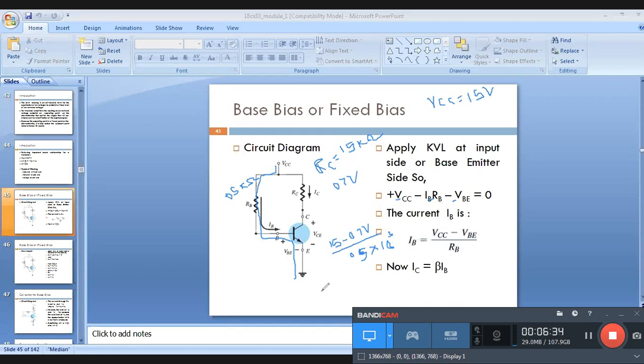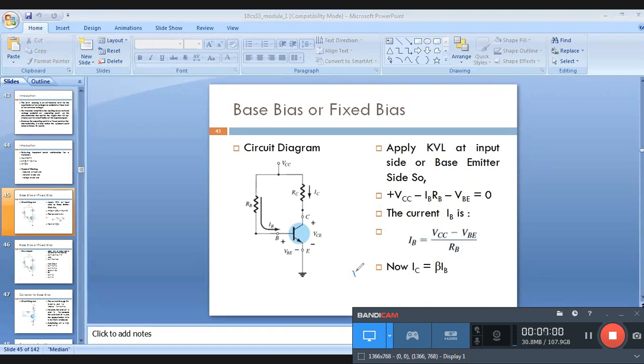10 to the power of 3 will give the value of IB. How much will we get? 15 minus 0.7. How much will we get here? Anyone can tell me? 14.3. Okay, write it here, 14.3, correct?